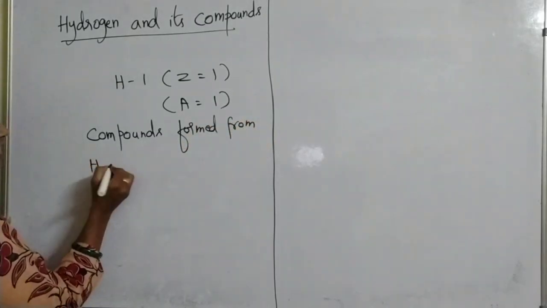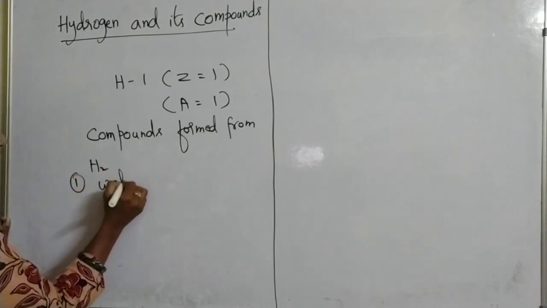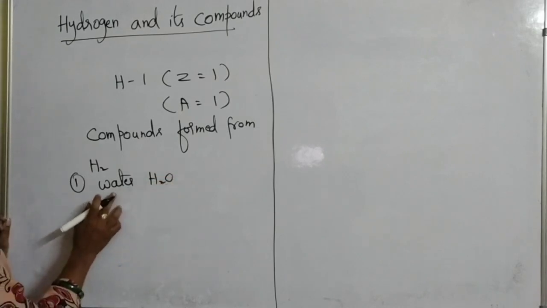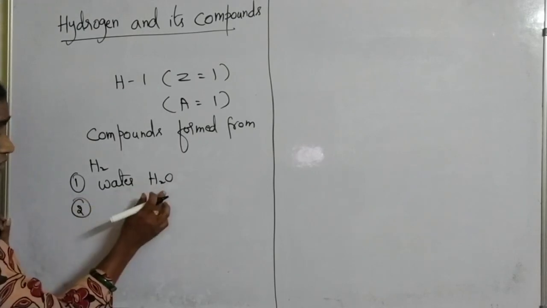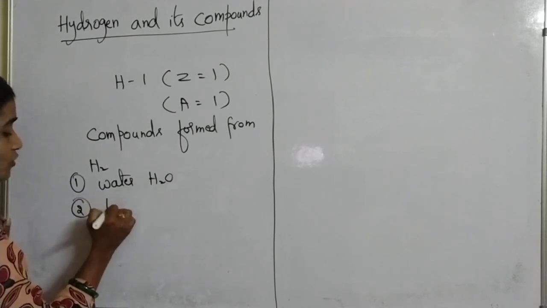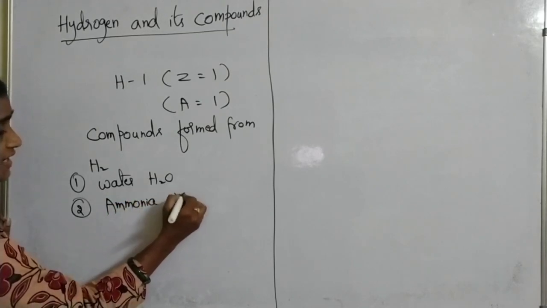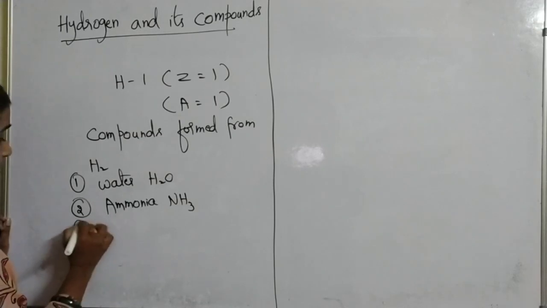You have several compounds. The first one is water, H2O, one of the very important compounds formed by hydrogen. Then ammonia, which you all know, is one of the important compounds of hydrogen; the hydride of nitrogen is called ammonia.